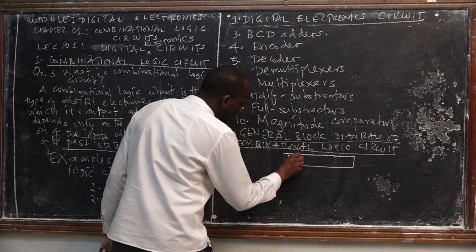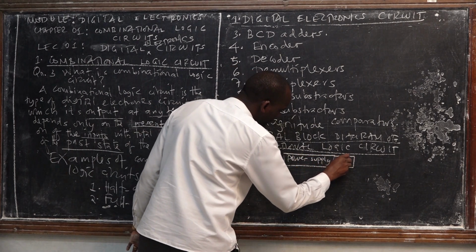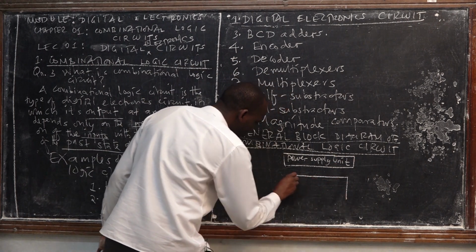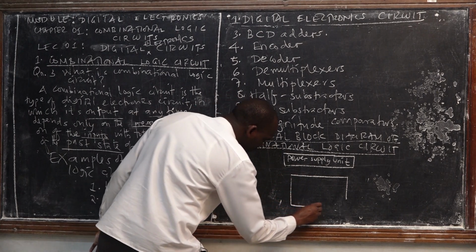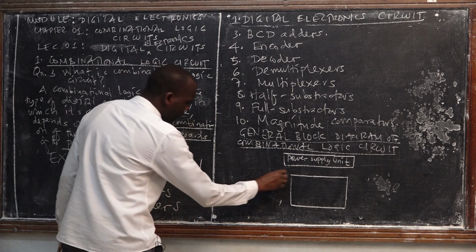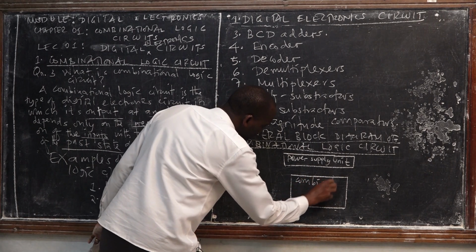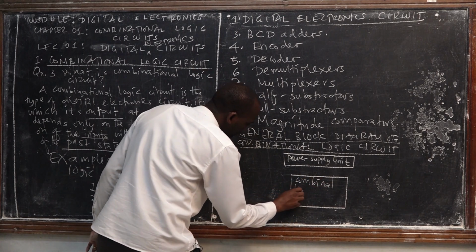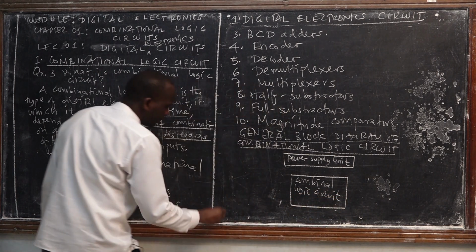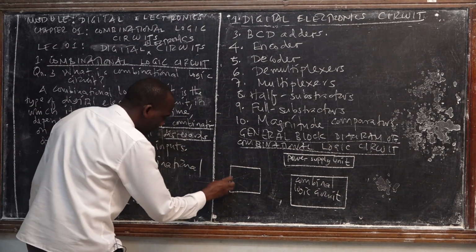Here we have the power supply unit. Here we have the control unit. This side we call the combinational logic circuit. Then here we have another block. Stop writing and stop drawing. Look on the blackboard first.